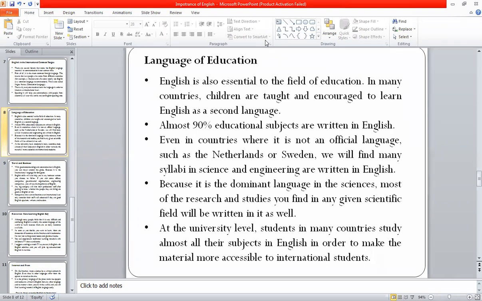At the university level, students in many countries study almost all their subjects in English in order to make the material more accessible to the international students.